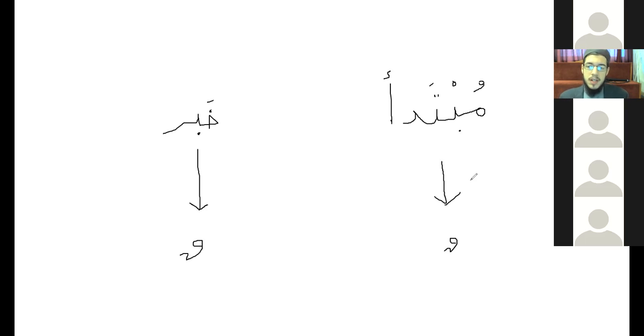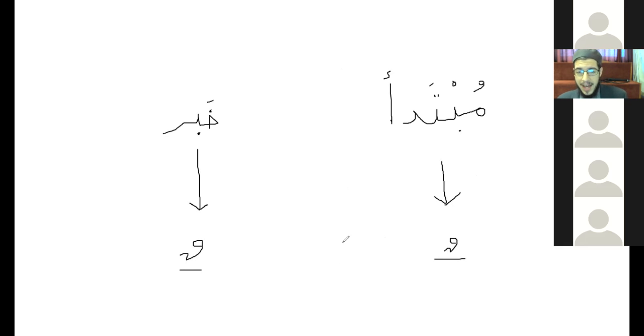And we'll use it for a couple different scenarios as well. But the important thing to realize is that both the mubtada and the khabar must be in this particular grammatical case, represented at this stage in our learning by dhamma.